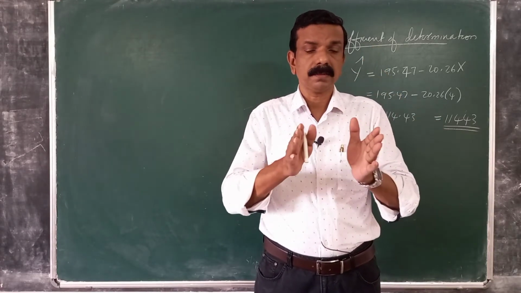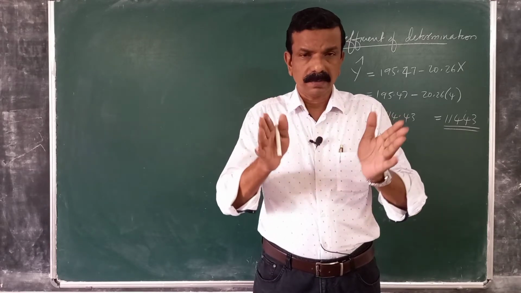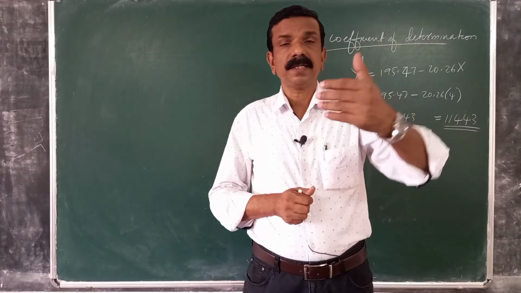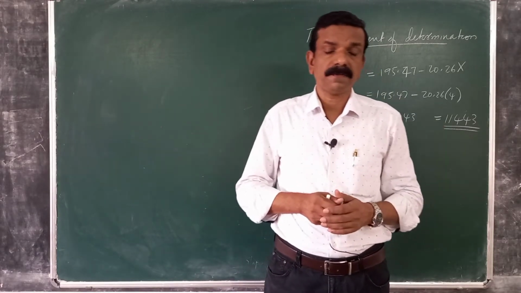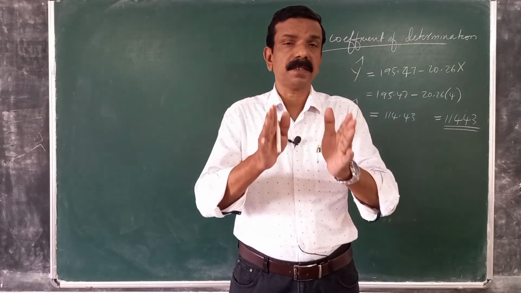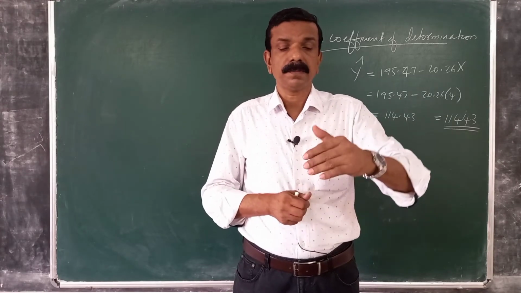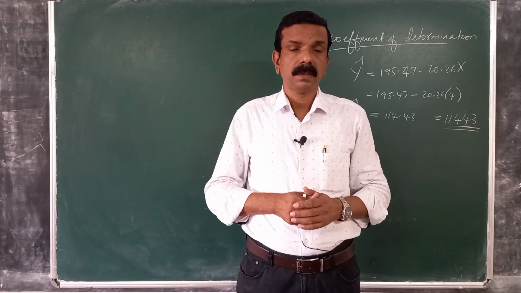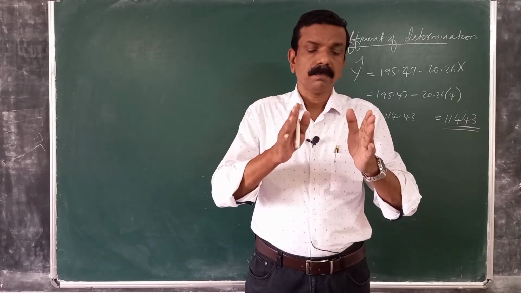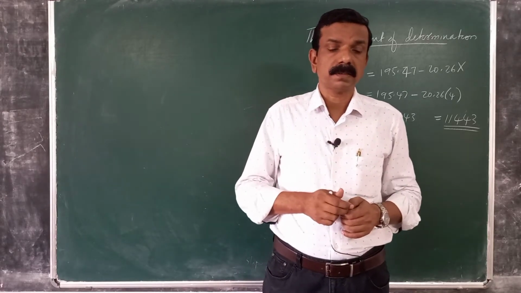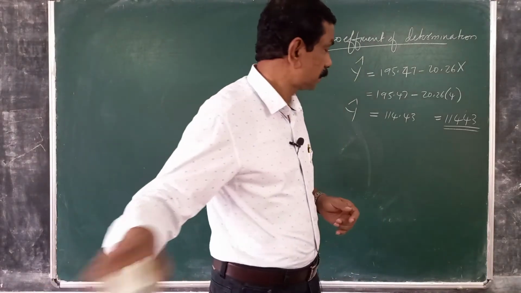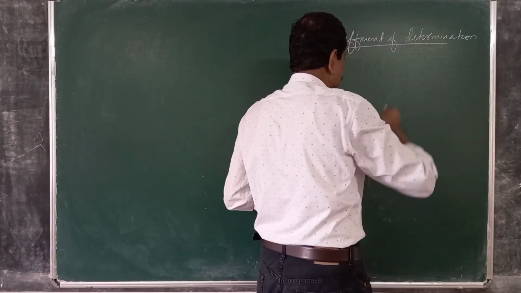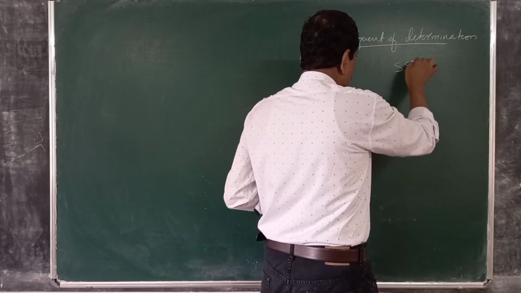This measure of variation is called the total sum of squares.